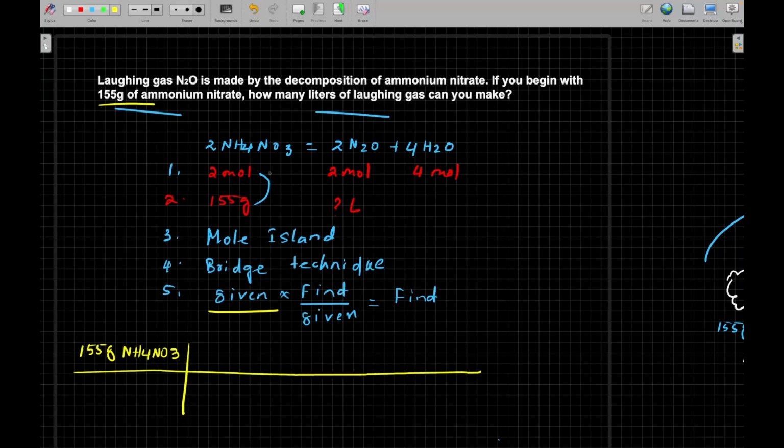Now, as I mentioned before, the gram information needs to be converted to mole information. 1 mole of ammonium nitrate corresponds to its molecular weight, which is 80.04 gram of ammonium nitrate.